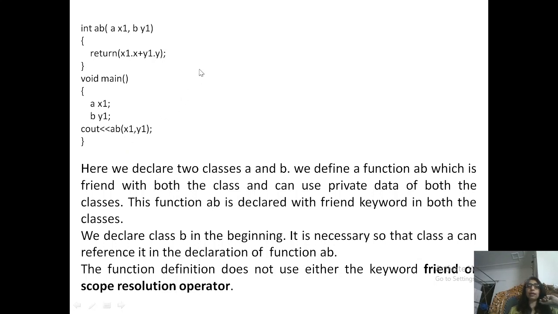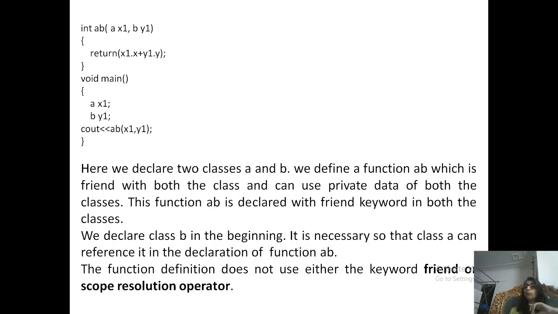These x1 and y1 are of type A and B, and they are passed to this function AB. Now this function AB accesses x from x1 and y from y1, and then adds these two numbers and returns them.